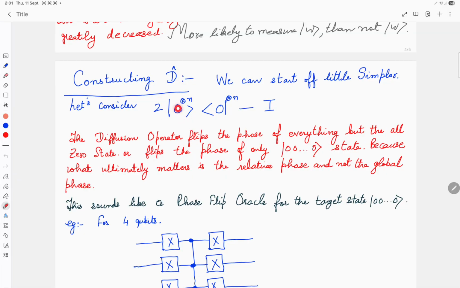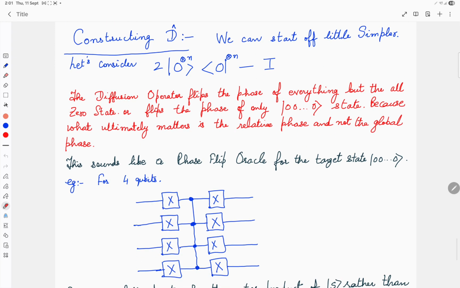So in this case, to start with, our diffusion operator is twice the outer product of the zero state minus the identity matrix. So the diffusion operator flips the phase of everything but the all zero state, or flips the phase of only the ket 00 state. So see, whether it flips the phase of everything but the all zero state or only the all zero state.